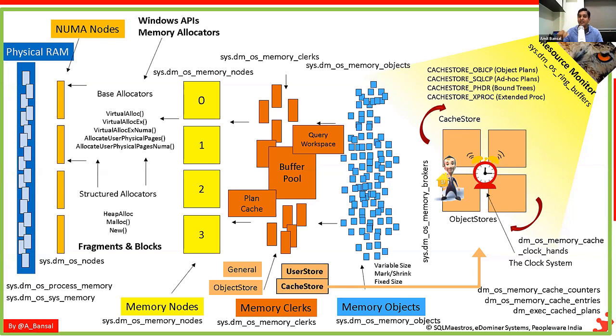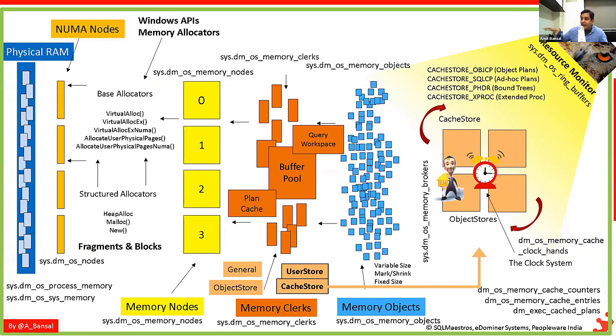No, the brokering system actually handles the demand supply algorithm and is responsible to ensure how much memory is being allocated to a specific clerk, and if more memory is required, can it pressurize other clerks to release some memory, so on and so forth. So that is done by the memory brokers.